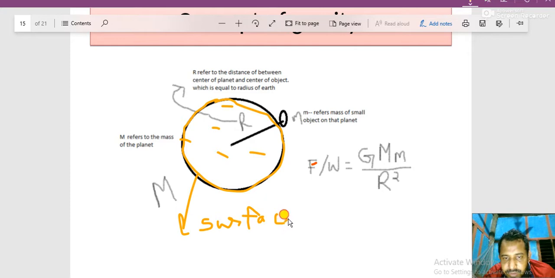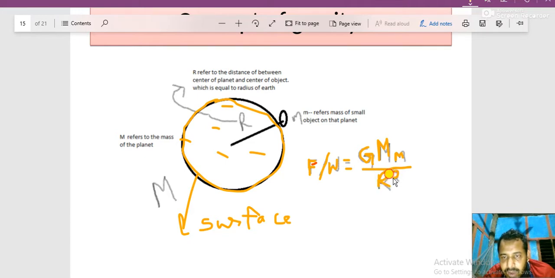Now the force or weight, F equals G M m by r square.